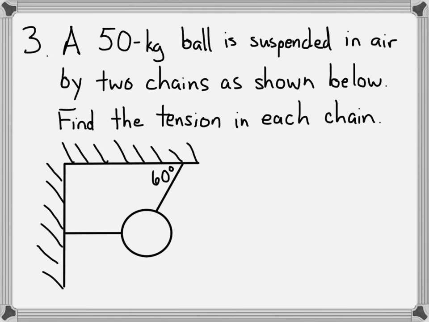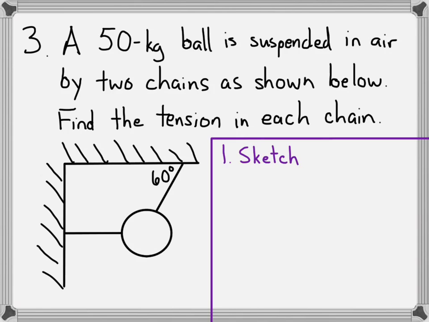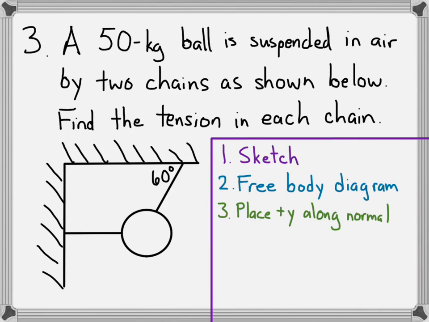Before we get started, let's review our process that we use for solving problems involving Newton's second law. The first thing I want to do is to draw a sketch. The second step, draw a free body diagram. Third step, we want to place the positive y-axis along the normal force.